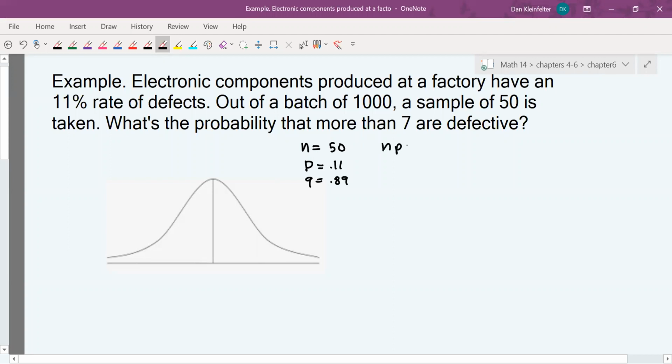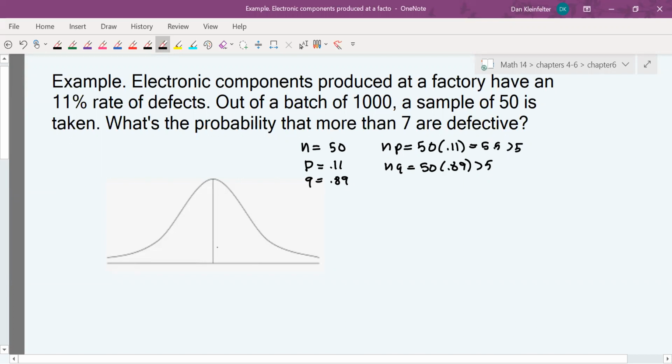So np is 50 times 0.11, which is 5.5. And then nq is going to be 50 times 0.89, which is going to be bigger than 5. All right, so we're justified in doing this approximation.